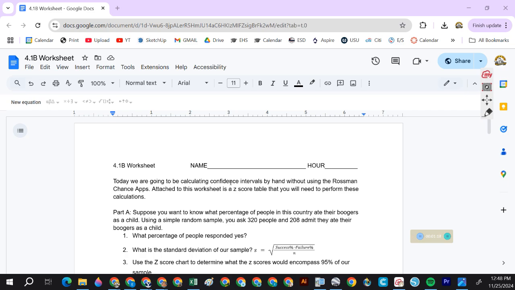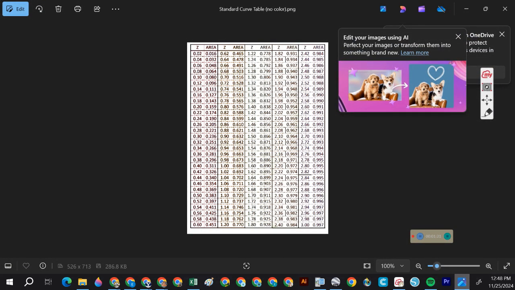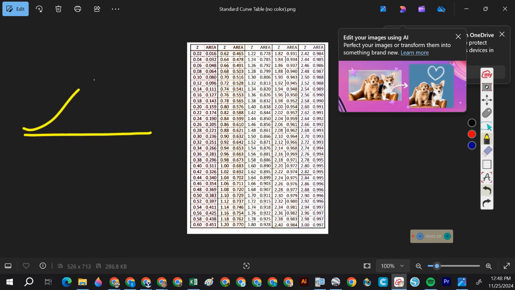So I want to explain how this works. If we have a normal curve, and in the center we're going to put 0. And then the distance here is going to be 1 and -1. If we graph the standard normal curve with z-scores, we know that between here and here is 68% of the population or the sample or whatever it is you're looking at.